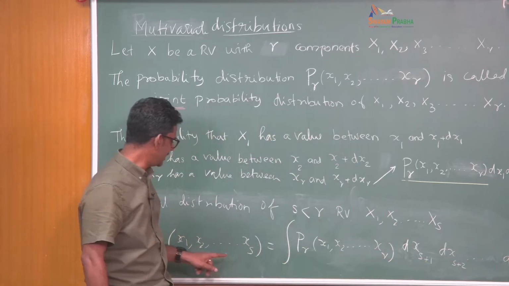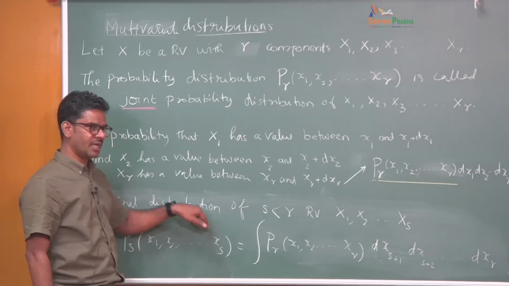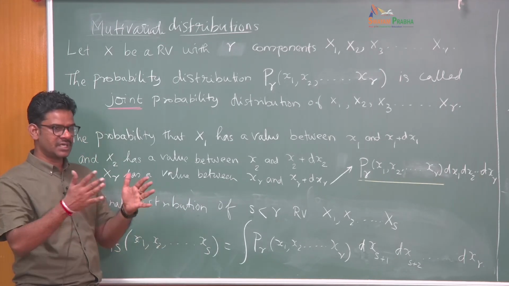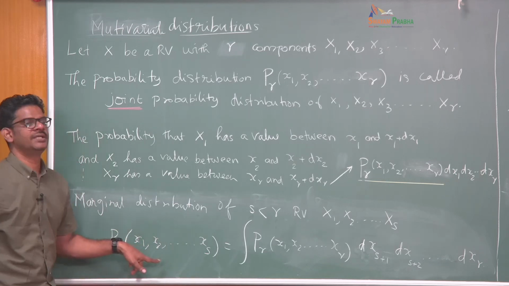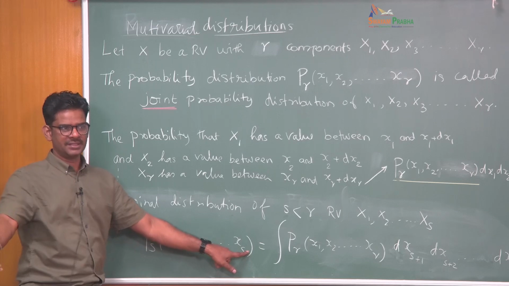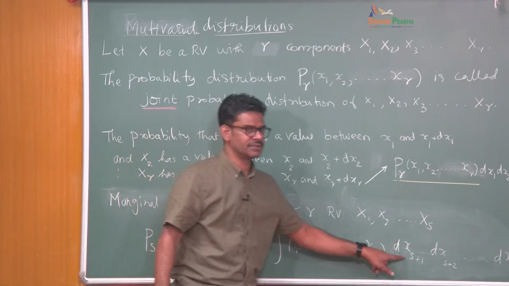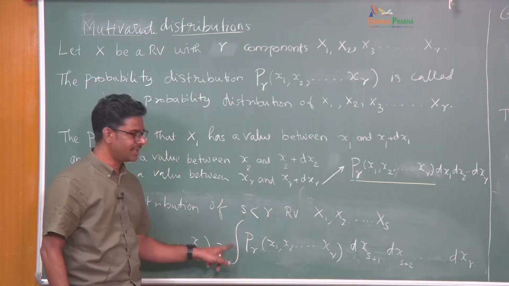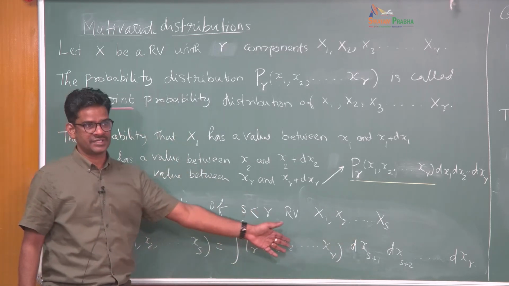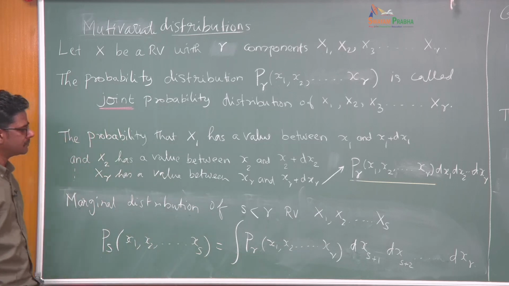Last time we had only 2, we specified one and we asked the distribution of the other, but here we have R number of variables. Of these R variables, I am only interested in the first S variables. The remaining S plus 1 to xR variables I am integrating out. Here I show only one integral symbol, but actually you will have R minus S dimensionality.